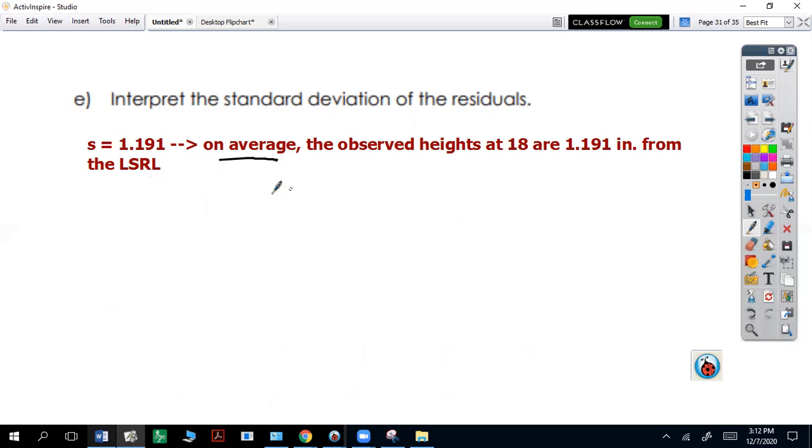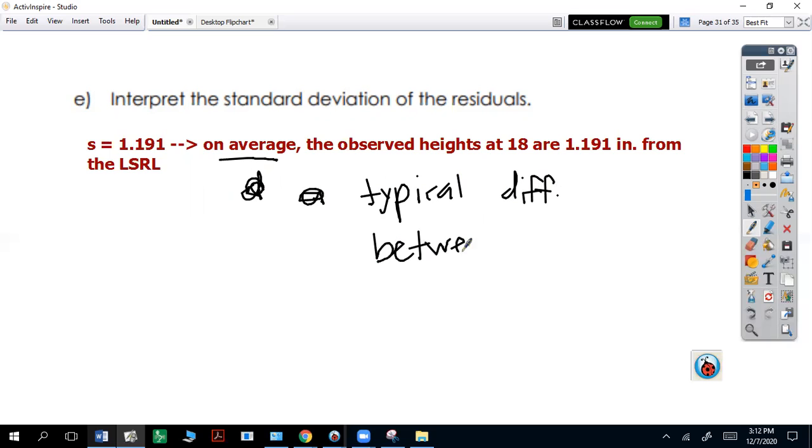So about how far off on average the observed heights are from the predicted heights. So basically the typical difference between observed and predicted. That's all that really is.